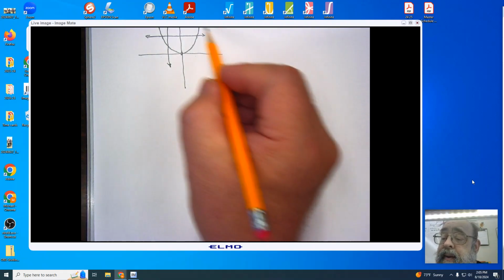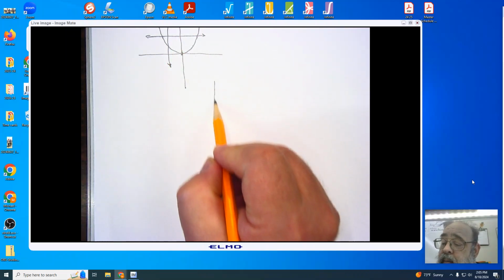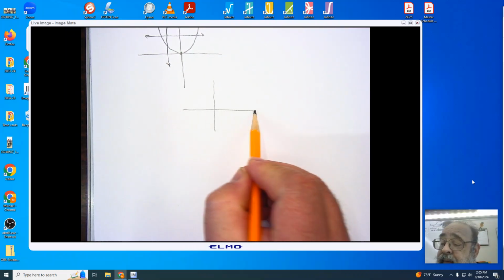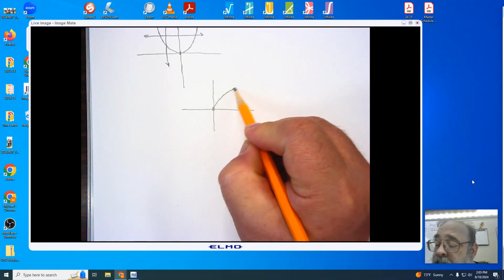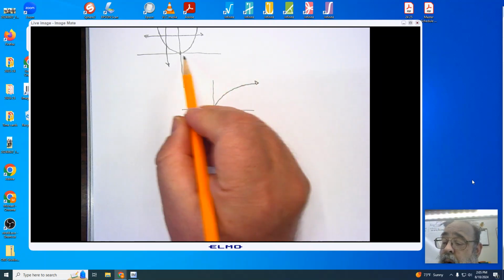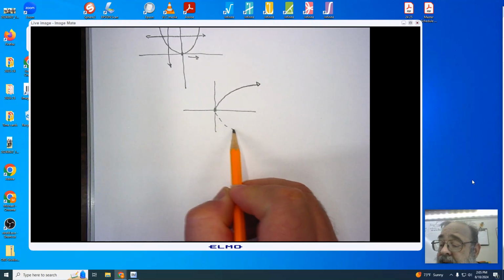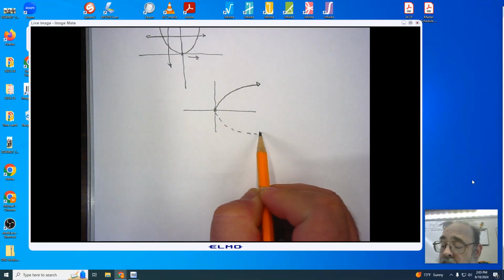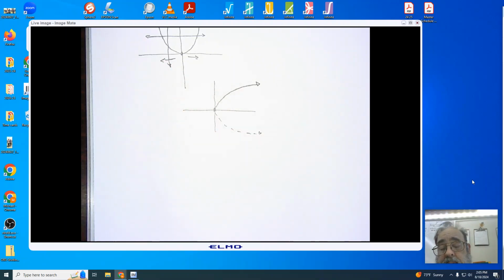So once again, this is a function, but it is not one-to-one. And when we are forced to graph its inverse, we have to make the choice of whether we are doing the positive portion of the domain or the negative portion of the domain. And you notice that's towards the left. This is restricting the domain.